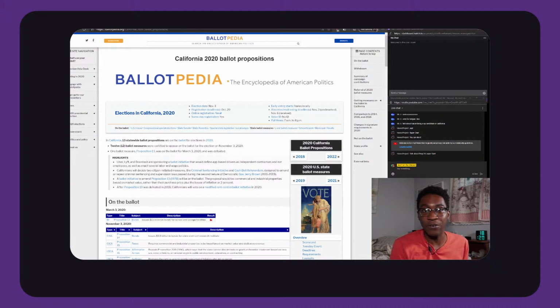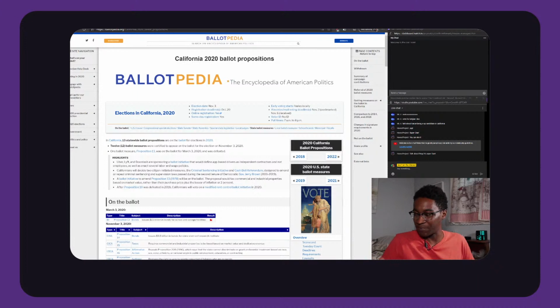Resources. Generally, I would recommend using Ballotpedia. That's why I have it up here next to me. Ballotpedia is where I generally go. It's kind of like Wikipedia in a sense that it is structured and can be edited in a public-facing, open-source kind of way, but it's also vetted very heavily.